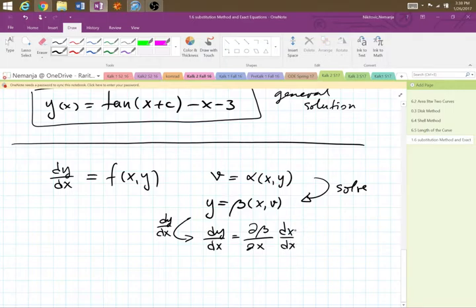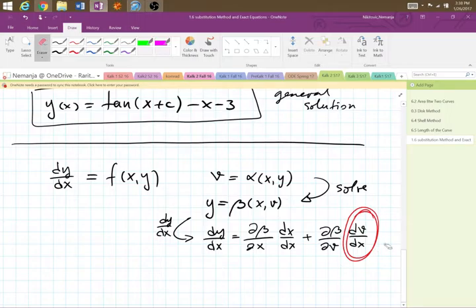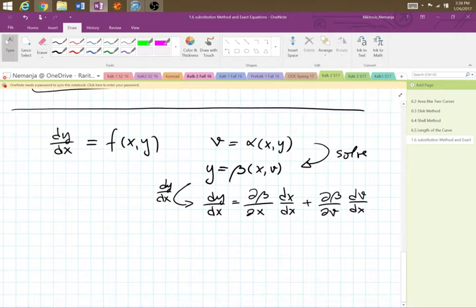And then you have the partial derivative of beta in terms of v, and then dv/dx. And that's that dv/dx from the chain rule that was a leftover from our substitution. Because remember, your goal is to transform dy/dx into dv/dx, so everything is the same variable.